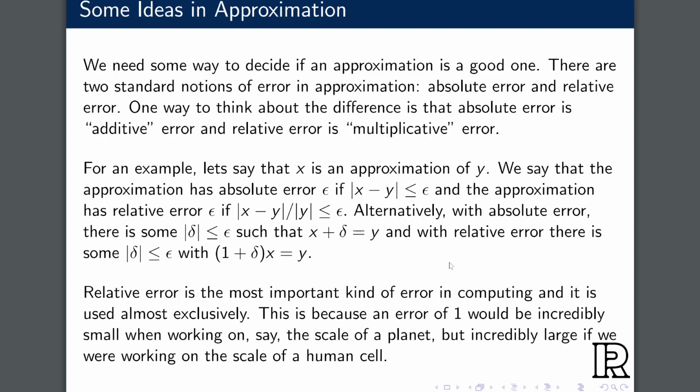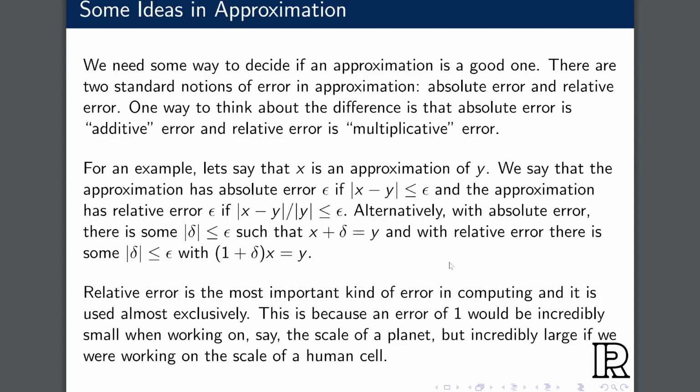We say that the absolute error between x and y is some number epsilon if the absolute value of the difference between them is less than or equal to epsilon. Oftentimes, we can't compute that number exactly, but we can say that the error is bounded by some number.